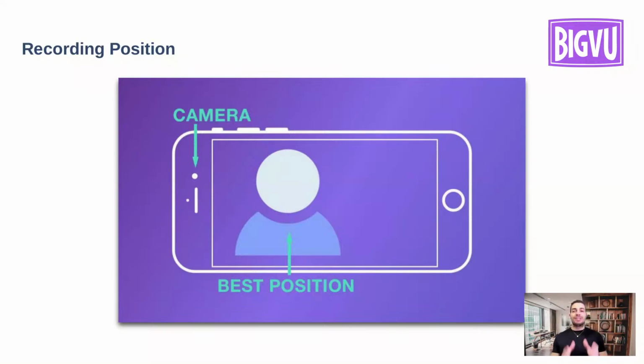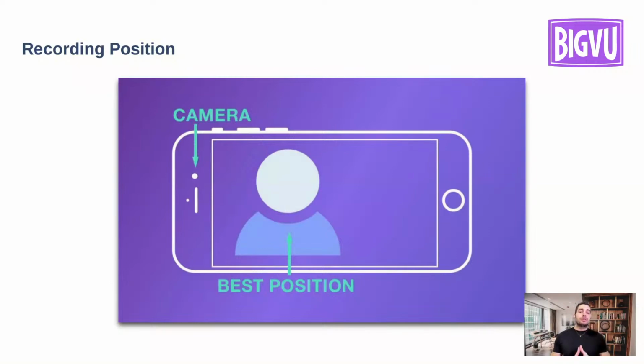So if you don't have a specific reason for that, you should be in the middle of the video, as I am right now, with not a lot of space above you. Your head should be almost hitting the top of the video. This is the first thing that you should have in mind.